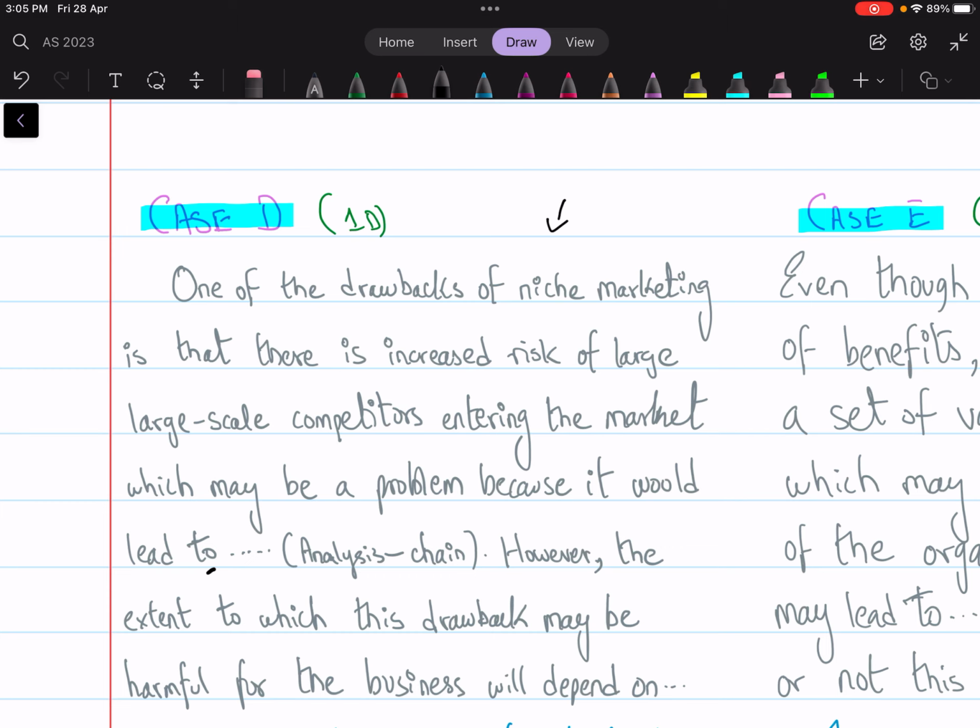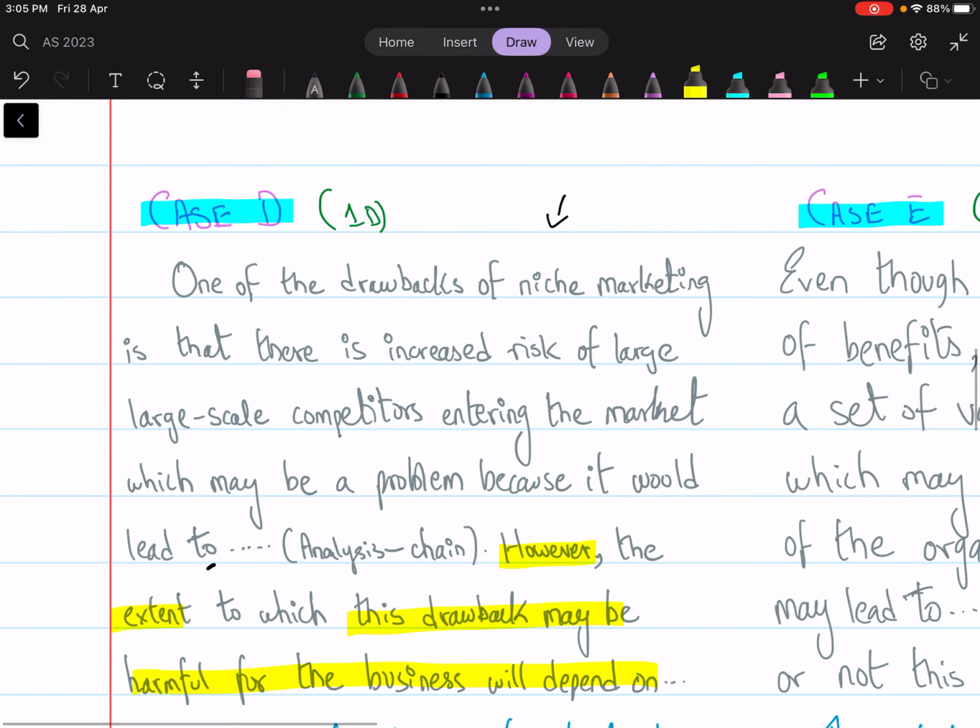But remember and note how I have written this statement, because this statement would eventually lead me into that zone of evaluating my drawbacks. So whether or not my business comes at a disadvantage because of large scale competitors will depend upon how strong my brand loyalty becomes with customers.